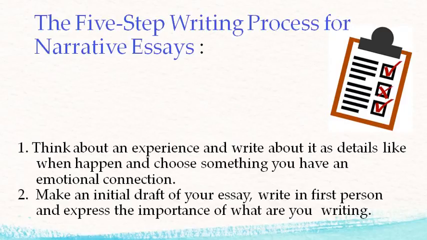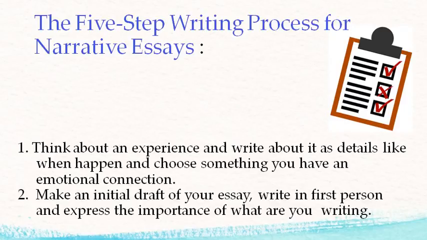Which are the 5 steps of the writing process of a narrative essay? First, you need to have in mind and think about an experience or the thing that you want to talk about.